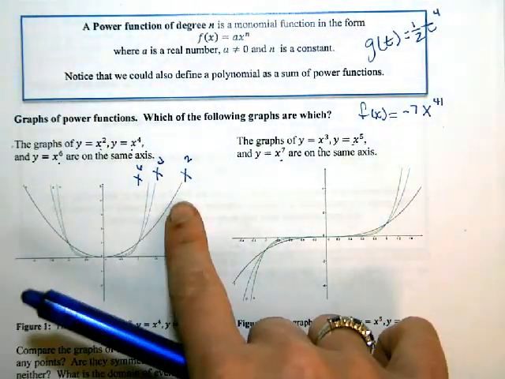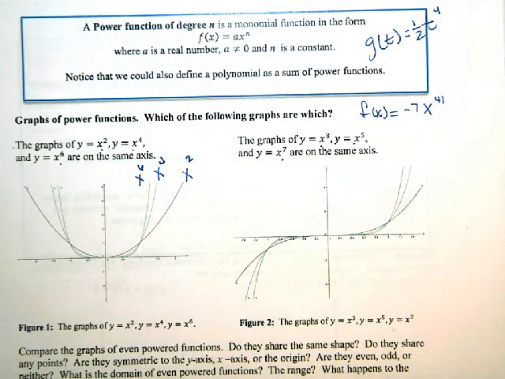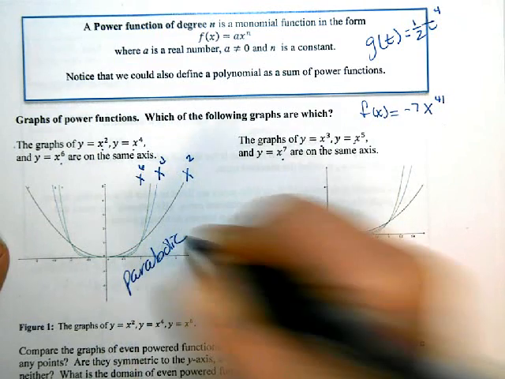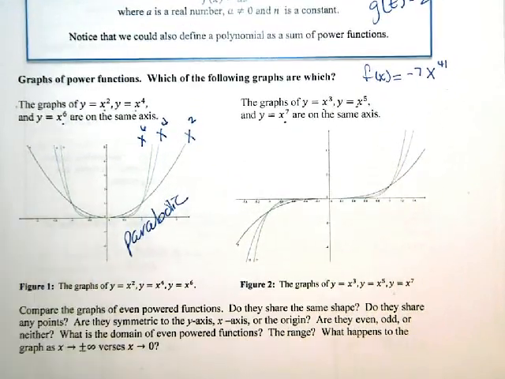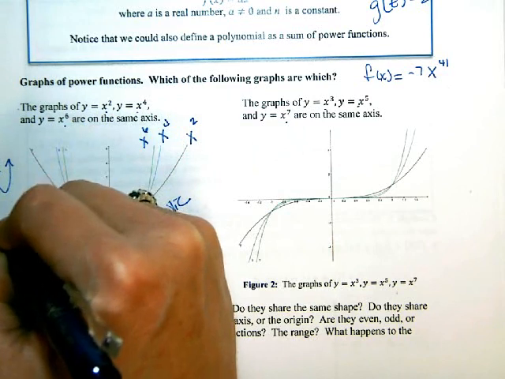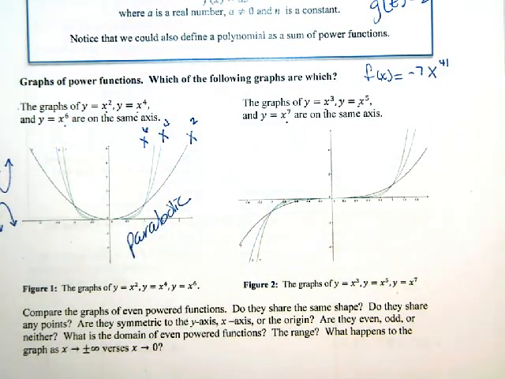And then these are called even-powered functions, and they do share the same shape. We call this parabola or parabolic. There's two different types of parabolic. Either you have it in its position as the parent function, or you've reflected it over the x-axis. So when I talk about something being parabolic, either I'm talking about this, or I'm talking about it having been flipped over the x-axis.